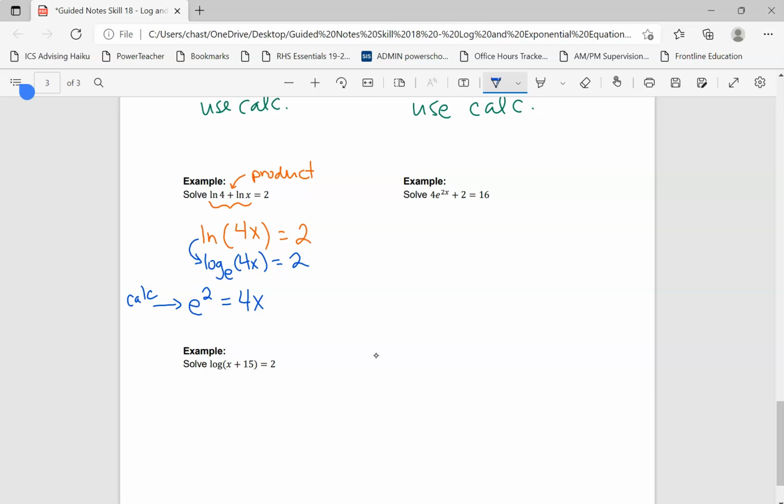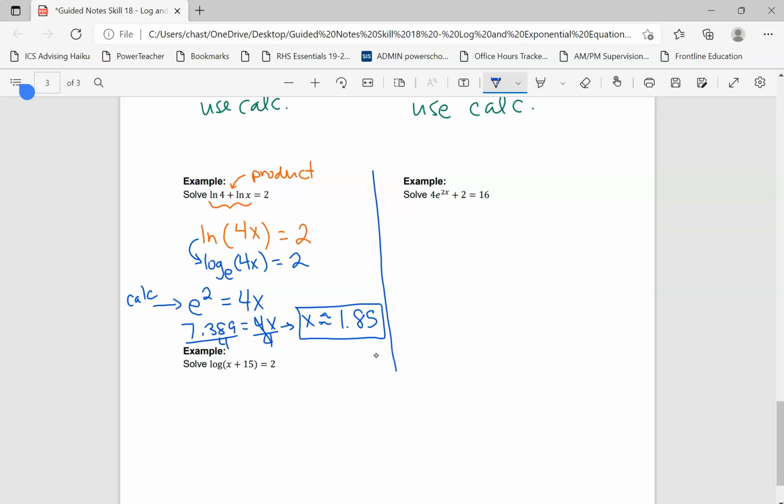There's no way to do that just knowing it off your brain, because e is an irrational number. All right, looks like I get about 7.389. And that's just me using the calculator. So I'm going to divide by 4, and I get x is about equal to 1.85. We'll just round to 2 places here.